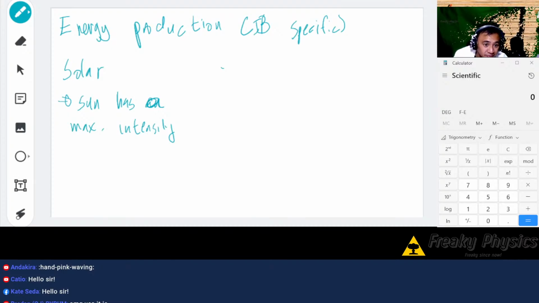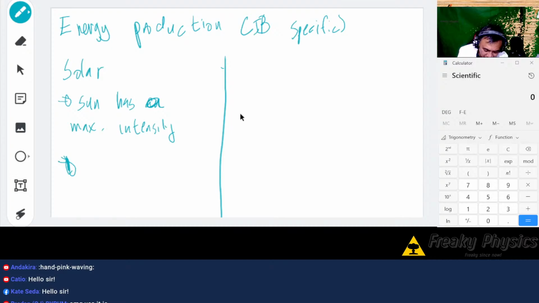Okay, let me open the data booklet to see what exactly is in there. And then from here, solar. I'll just get the value later.